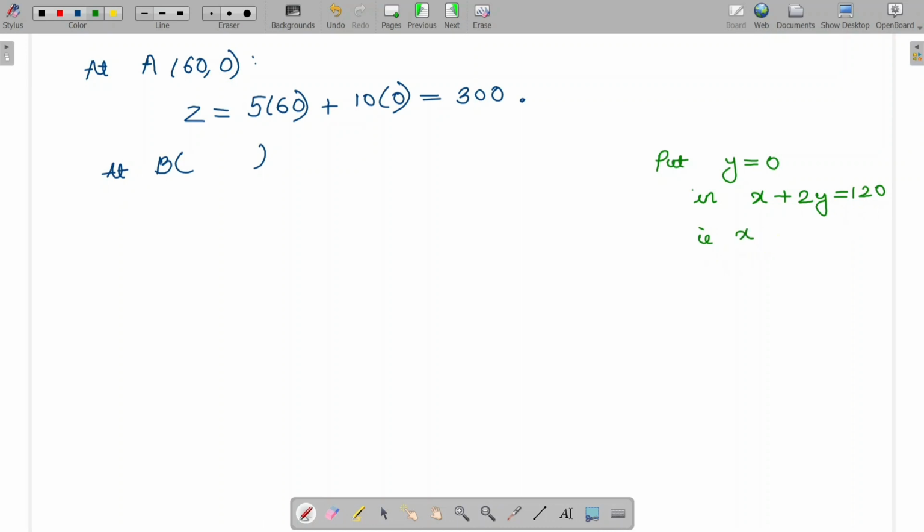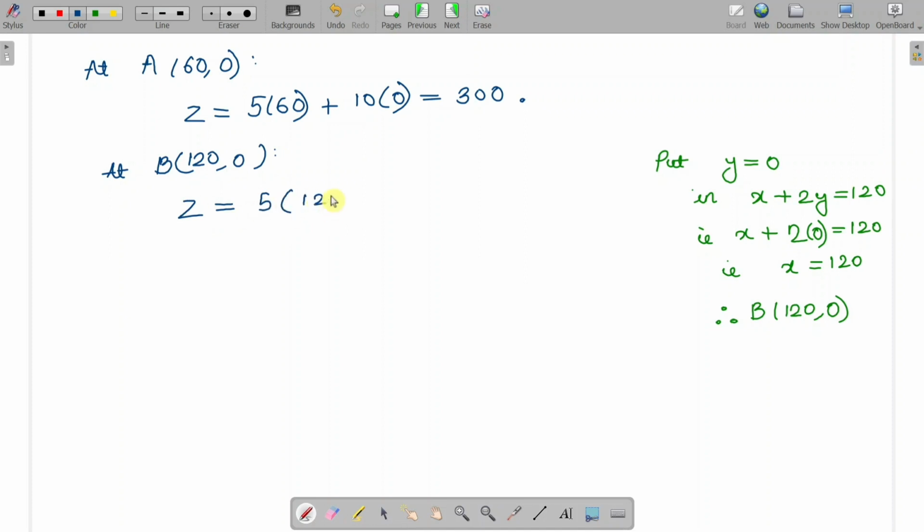So that is x plus 2 times 0 equal to 120. So that is x is equal to 120, right? And so therefore the point B is nothing but 120, 0. So Z is equal to 5 times 120 plus 10 times 0, so that will be 600, right?